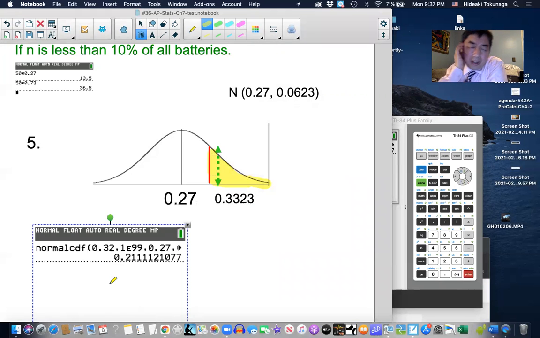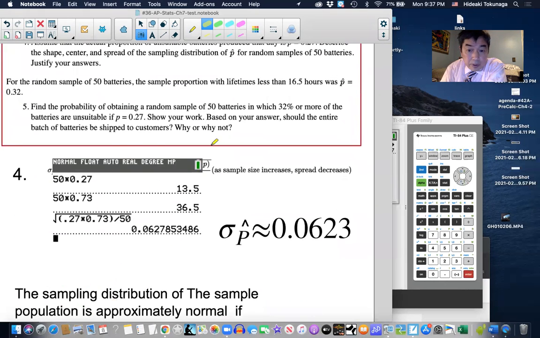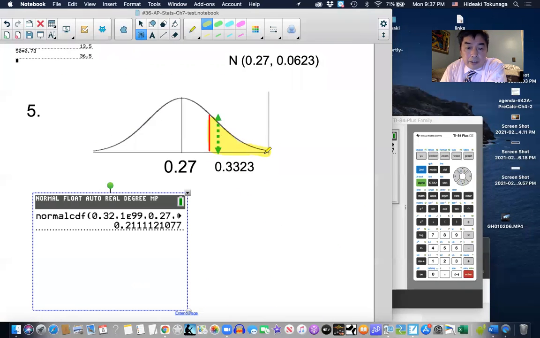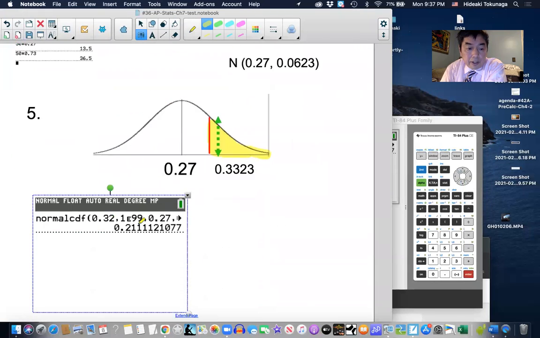The yellow highlighted section area is 21%. So I think based on my answer, the highlighted section is 0.211. Yeah, there's a calculation.